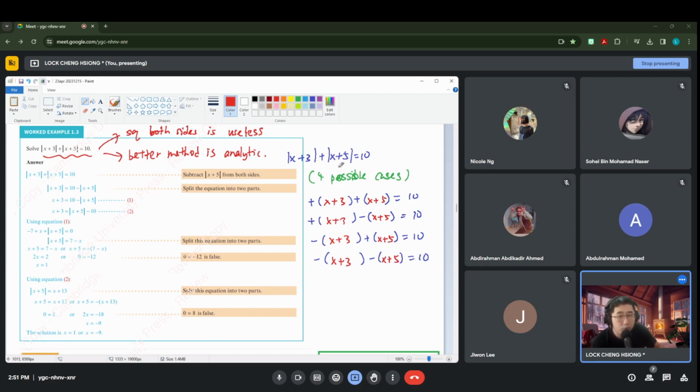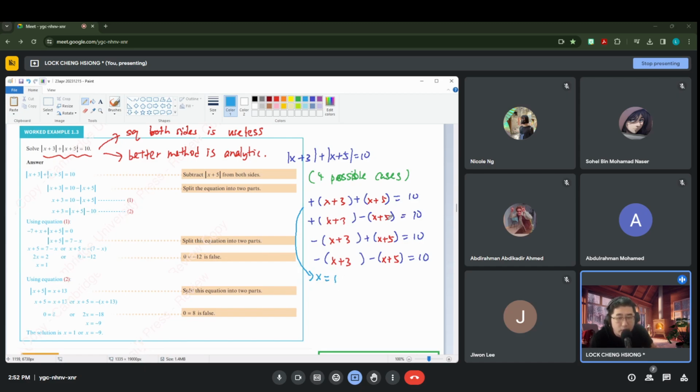Again, regardless of whatever type of questions, we consider the 4 possible cases. Whether you can actually get the answer or not will be dealt with later. Maybe you have 4 different answers. Therefore, from here, I'm trying to solve for each of them. Okay, so 2x = 2, so x equals 1 for the first answer.